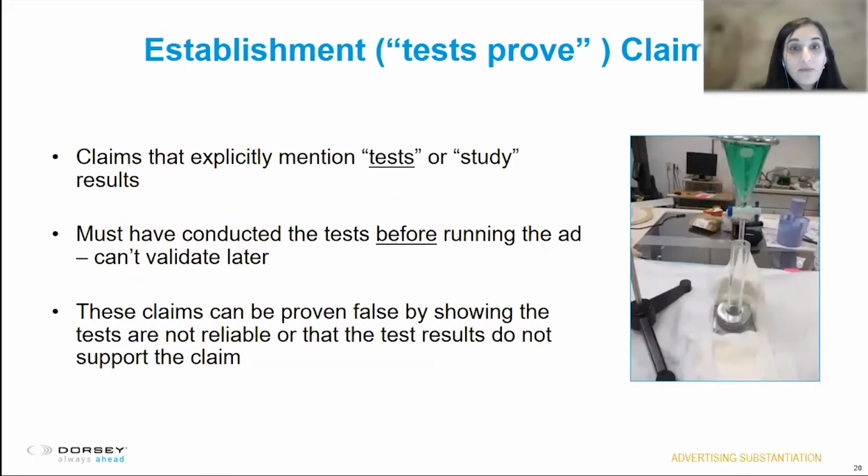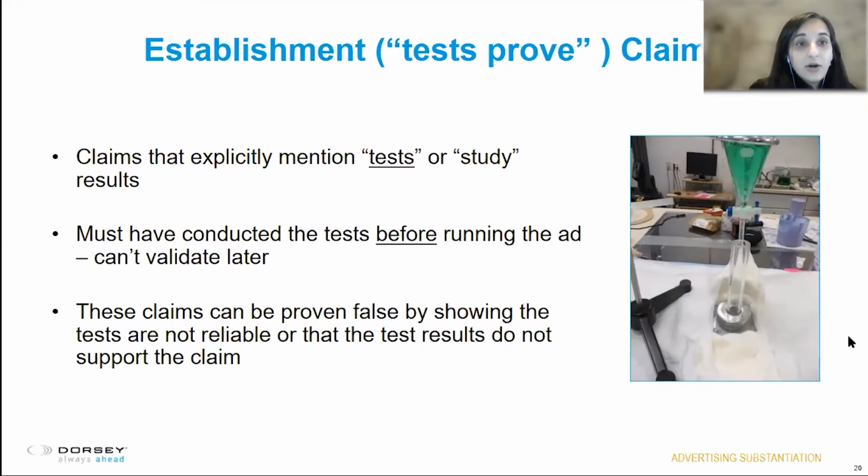Another type of claim that we see oftentimes, they're called establishment claims. It's sort of a fancy term, but it really just means test prove. So if your marketing team has an ad and you're saying, test prove that our product is leak-free, or test prove that our product is better than our last version, you have to have those tests before you put out the ad.